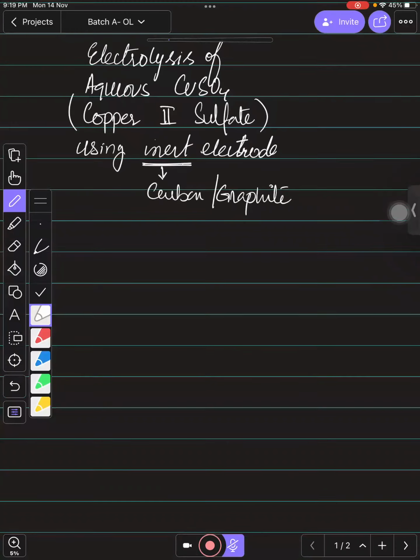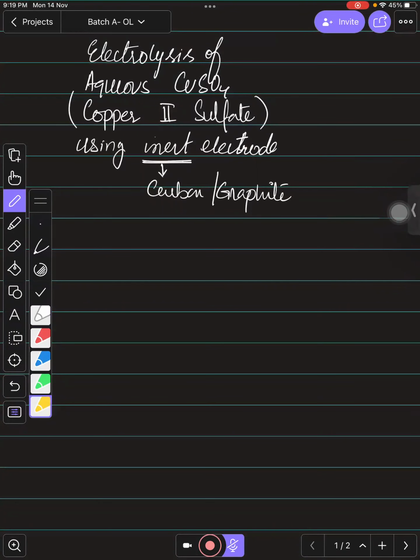So what are the ions we have right now? We have copper 2+ ions and sulfate ions, right? And because we have water molecules, we have OH and H ions as well, right?